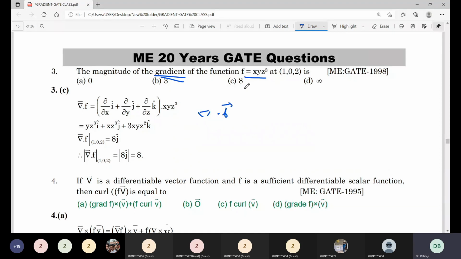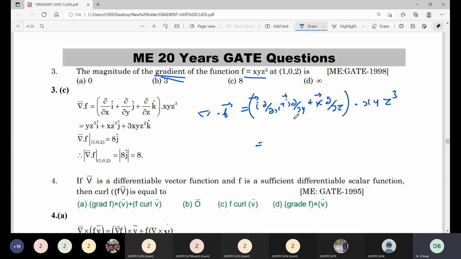Here the function is given in the form of f. So del f, where del is i ∂/∂x plus j ∂/∂y plus k ∂/∂z, acting on xyz cubed.